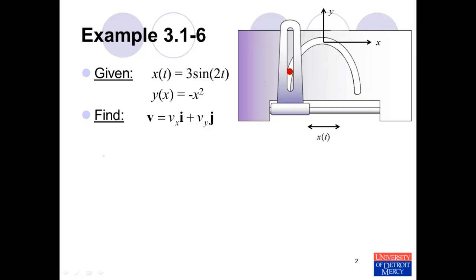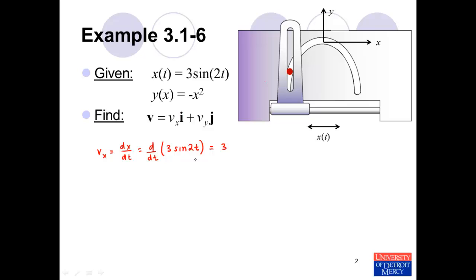And so if we wanted to find the x component of the velocity, we recall that we can just differentiate the x-coordinate with respect to time, where we are told that the x-coordinate is equal to 3 times sine of 2t. That 3 is a constant, so it can come out front.